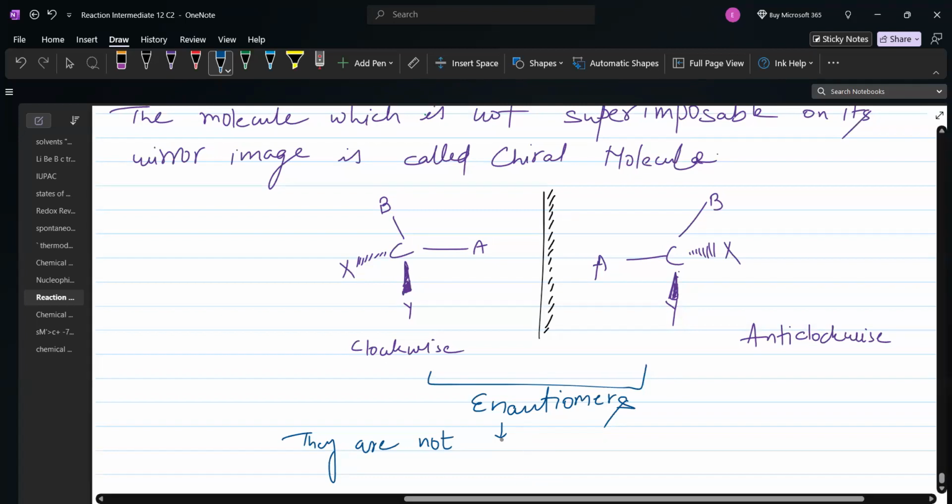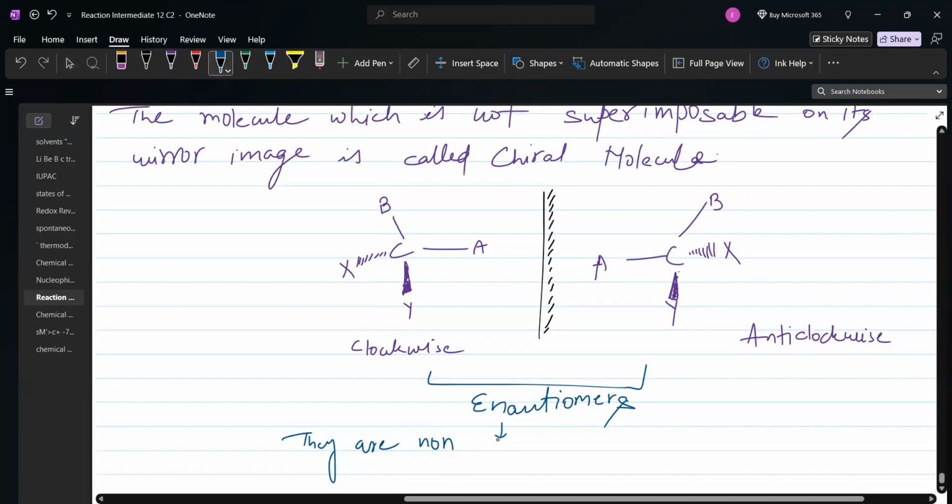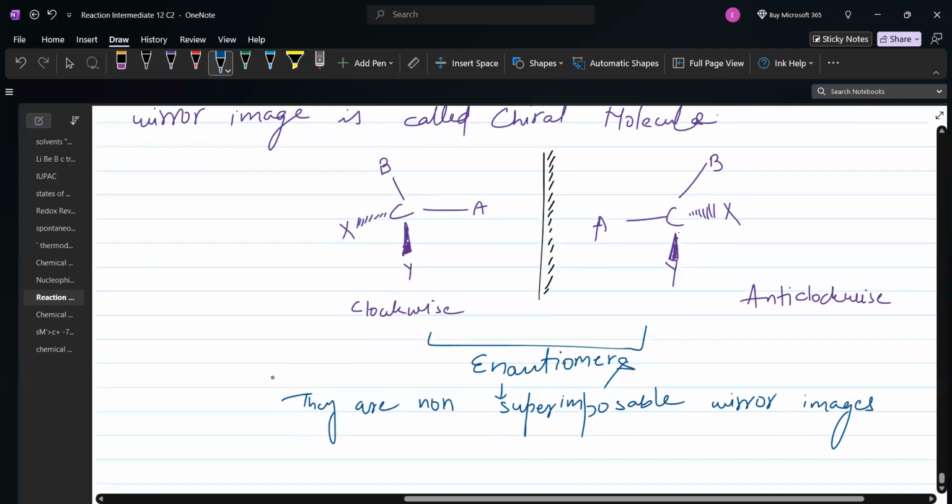That is why, by the definition, they are non-superimposable mirror images. This is about enantiomers.